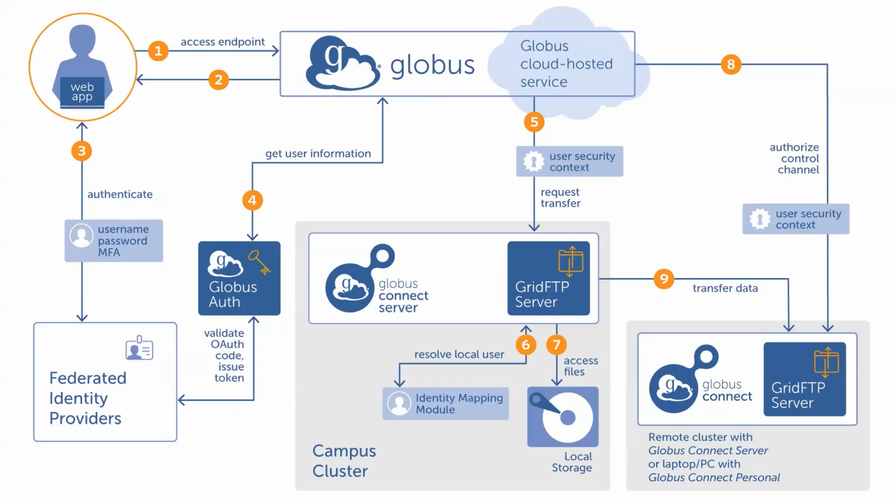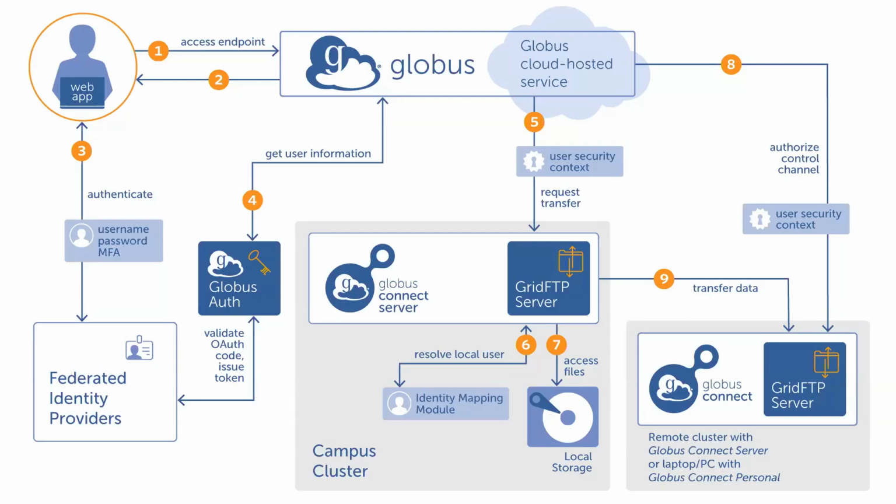So they authenticate, they come back to the Globus service, then they go to the endpoint on, let's say, the source, on a campus cluster or whatever. The identity is mapped, resolves to a local user. A GridFTP server is spawned with the credentials of that local user. The GridFTP server accesses the files.